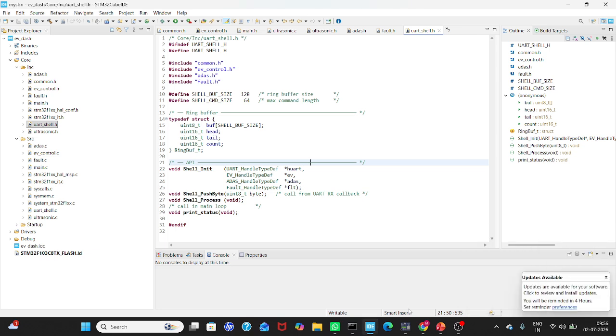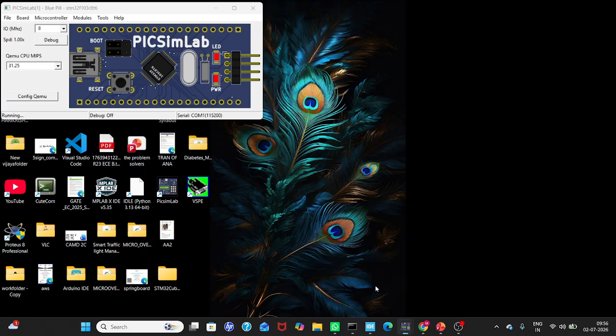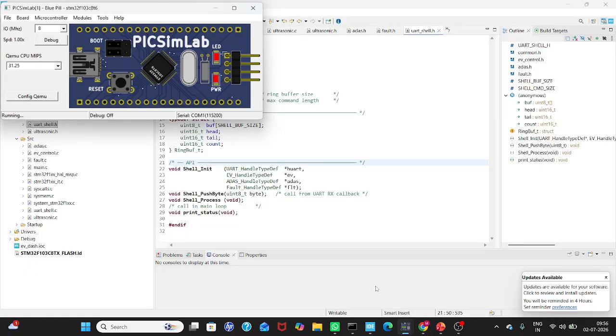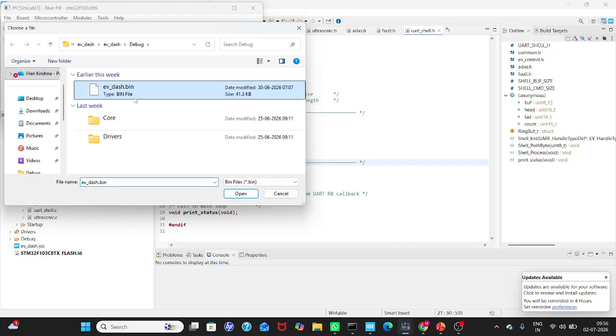And now let us go through our working models. Here, IO frequency in megahertz I set as 8 and it is 31.25. I just load the bin file.